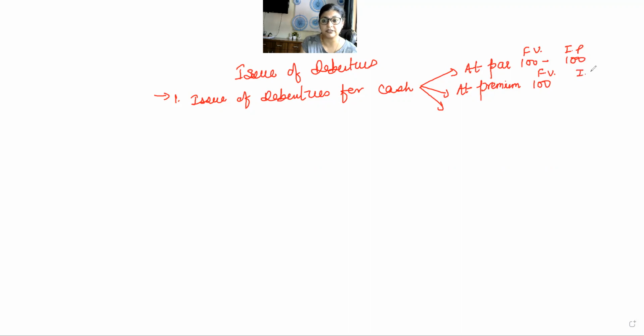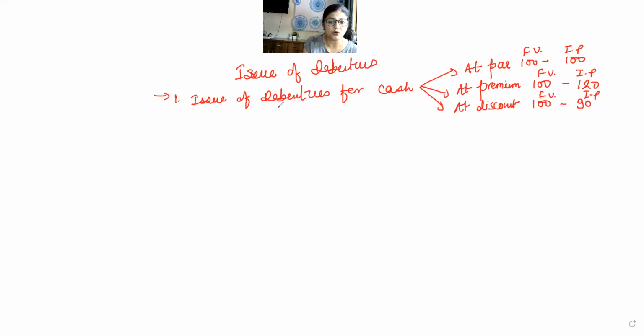For example, the issue price is 120, so 20 rupees will be called premium. And debentures can be issued at discount as well. If the debenture's face value is 100 rupees and it is issued at any amount lesser than rupees 100, it will be called issue of debenture at discount. So, these 3 we will be dealing with in issue of debentures.